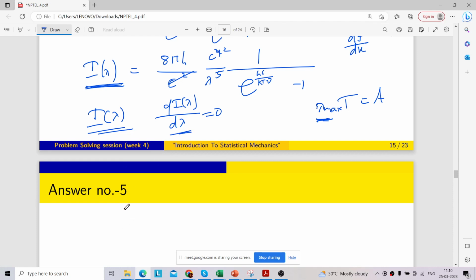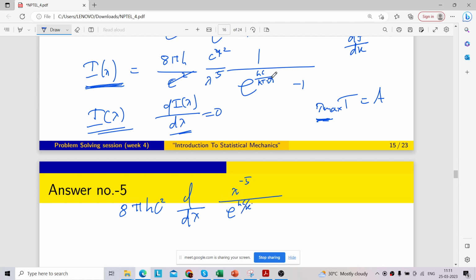Let me take out all the constants outside first. 8 pi h c square I have, depending on whether it is c cube or c square, the c power will be determined, and I have to differentiate with respect to lambda. What I have is lambda to the power minus 5 over e to the power hc over kT lambda.